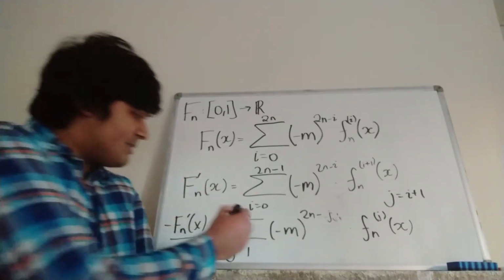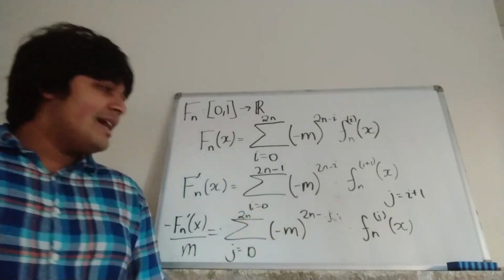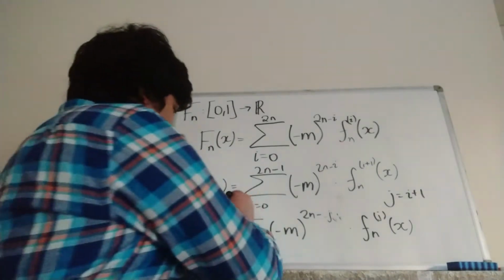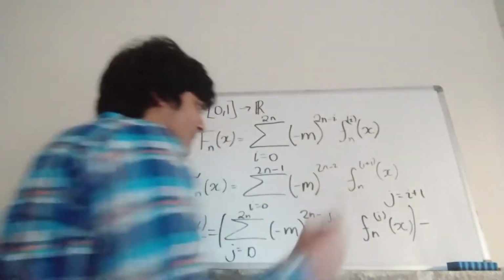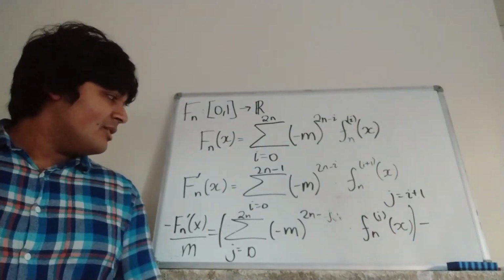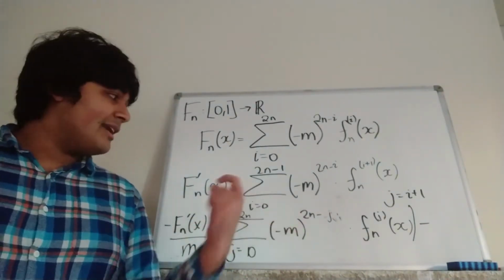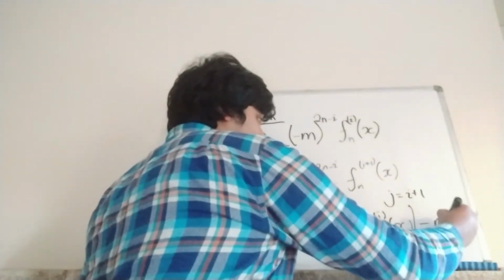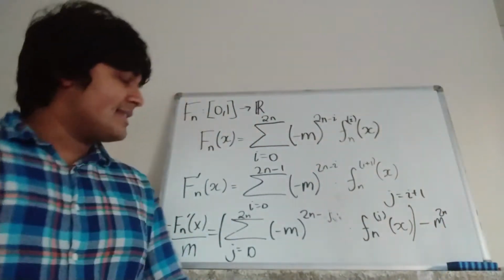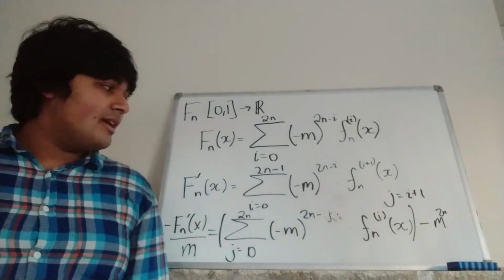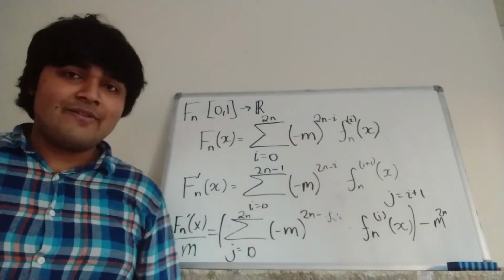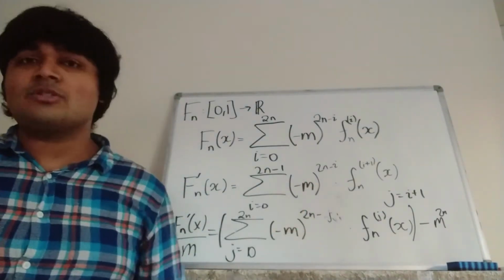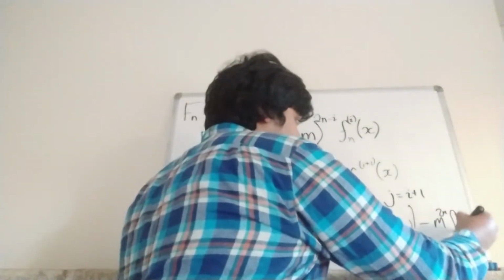But what I'm going to do is just put from j equals 0 and then subtract off the 0th term from this guy here. What is the 0th term? Well, when I plug in 0 into this guy here, I get minus m to the 2n, which is just m to the 2n. And then that's times the 0th derivative of f_n of x, which is just f_n of x, like so.